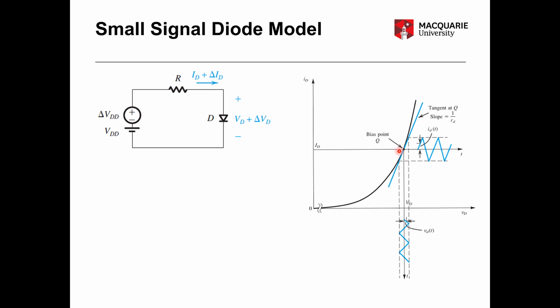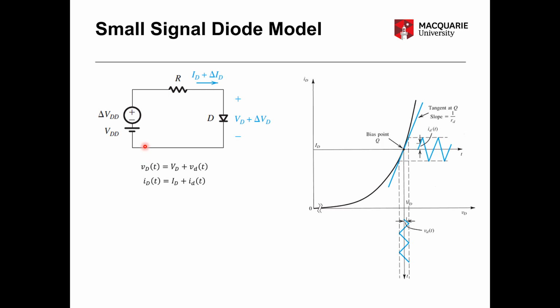So the idea here is that our large VDD supply signal just biases us to a certain point on this diode IV characteristic, and the delta VDD, our small signal, will alternate our voltage, but within quite a small range of the bias voltage. And therefore, if we can work out the slope of this curve, then we can work out the associated current for those small changes in VD.